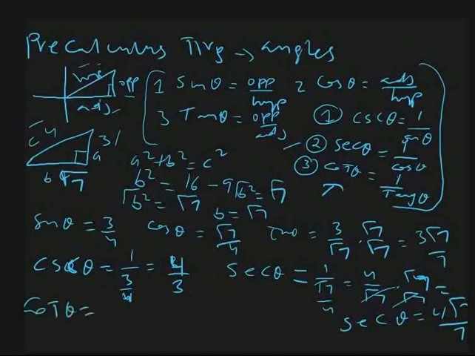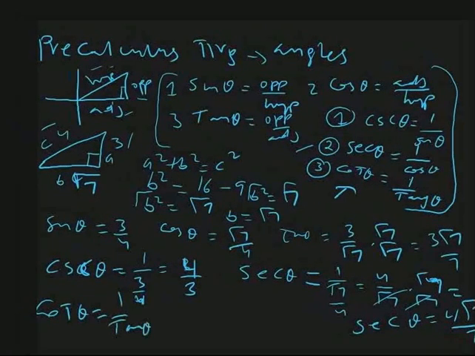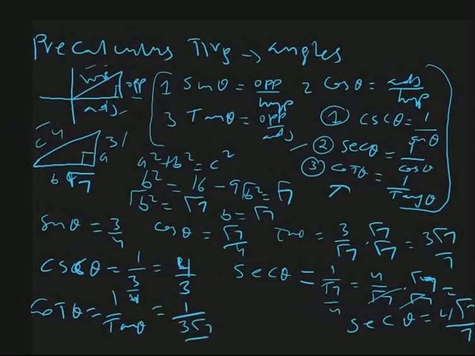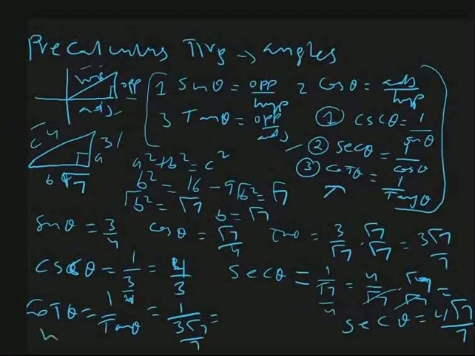The final one is cotangent. Cotangent is 1 over tangent. Let me give you a hand: try to find cotangent and see if you can figure it out.